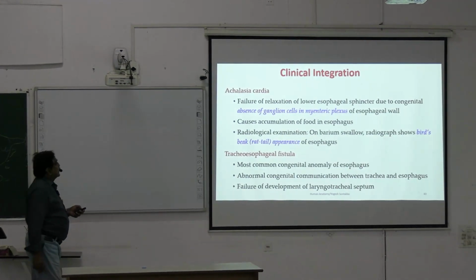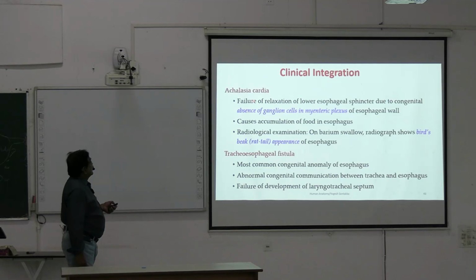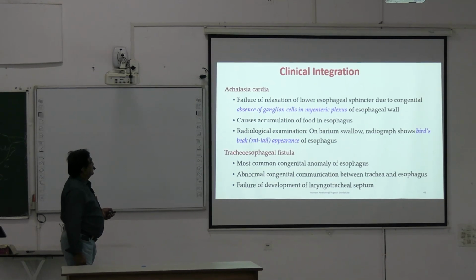Now, achalasia cardia is failure of relaxation of the lower esophageal sphincter due to congenital absence of ganglion cells in the myenteric plexus of the esophageal wall, causing accumulation of food in the esophagus. On radiological examination, barium swallow radiograph shows bird's beak, rat tail appearance of the esophagus.